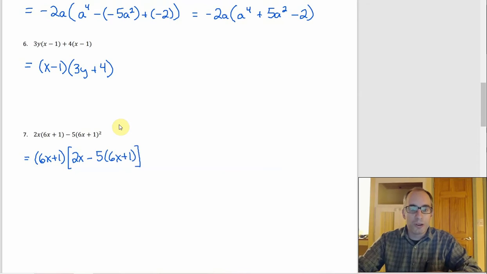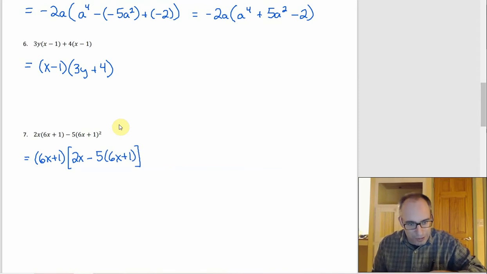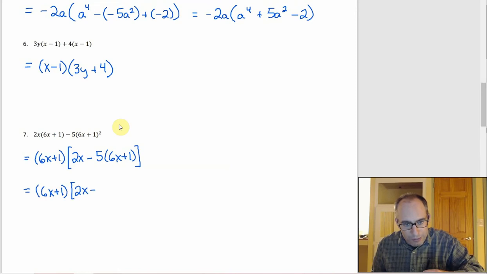Well, it's because originally it was a square. So when the 6x plus 1 is factored out here, that's one of them being factored out, but the other one's still there. So that's why I've got the 6x plus 1. And then I can distribute the 5, distribute the negative, and then we'll see what we end up with here. So 6x plus 1 times, if I distribute the 5, I'll have 2x minus 30x plus 5.